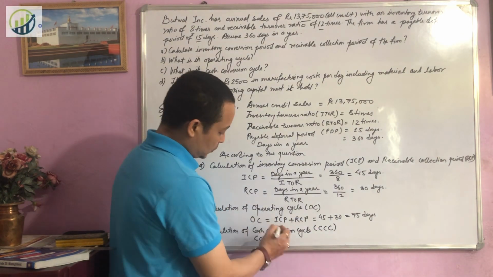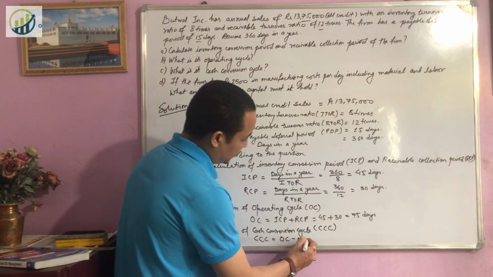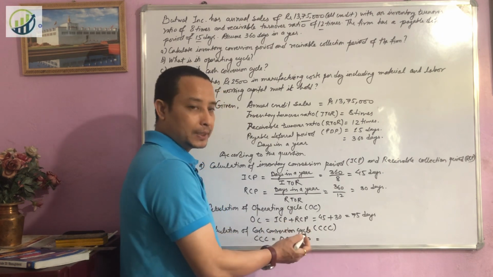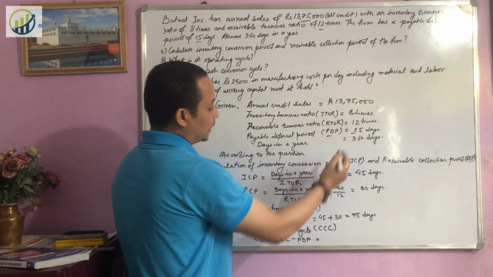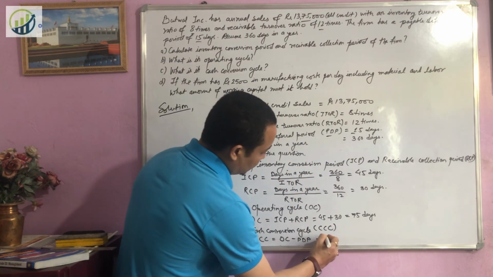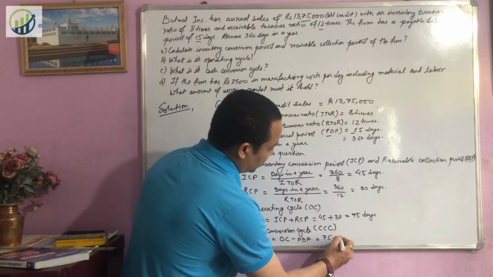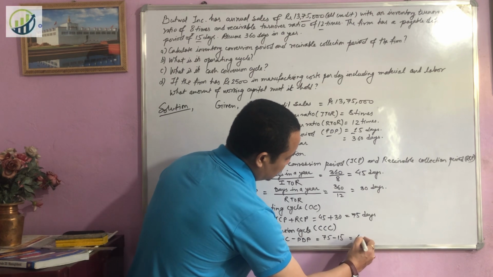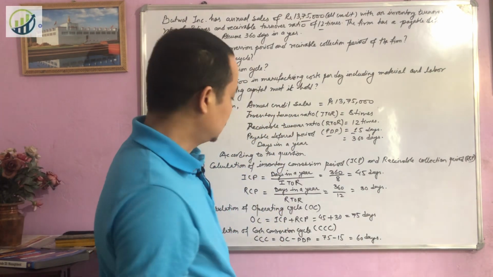Same thing. So OC minus PDP. PDP means payable deferral period, here it's 15 days. So OC is your 75 days minus payable deferral period 15 days, that will be your 60 days. 60 days is your cash conversion cycle.